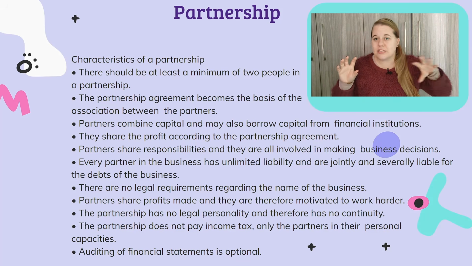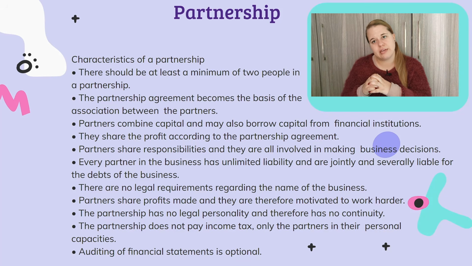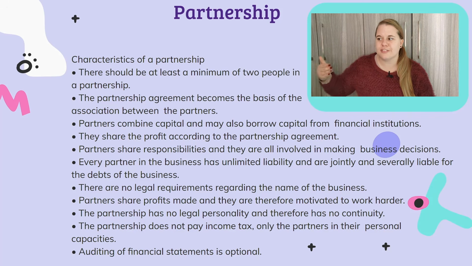So if the business is failing and there's debts to be owed, they can come take from the partners themselves as well. There is no legal requirement regarding the name of this business as well. Partners share profits made, and therefore they are motivated to work harder, because the more hard work I'm putting in, the more rewards I'm reaping, right? So there's that motivation in there to want to work harder.